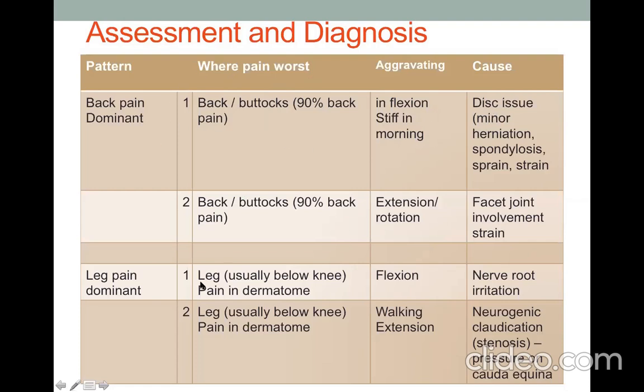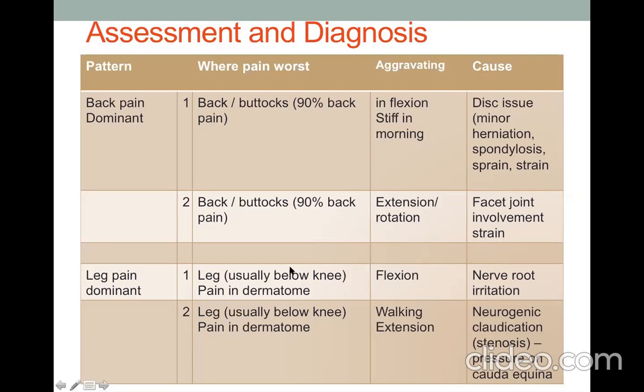Now comes the leg pain dominant. So you have another 2 patterns here. The leg pain, which is usually below the knee and happens while you do a flexion movement, is 100% confirmation that it is a herniated disc impinging on the spinal nerves.